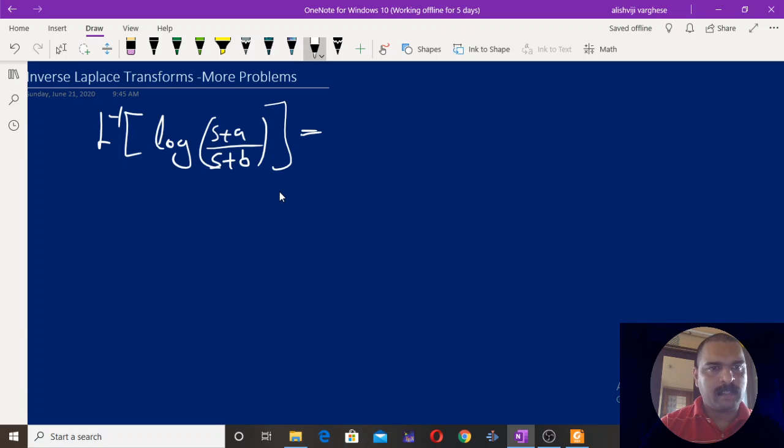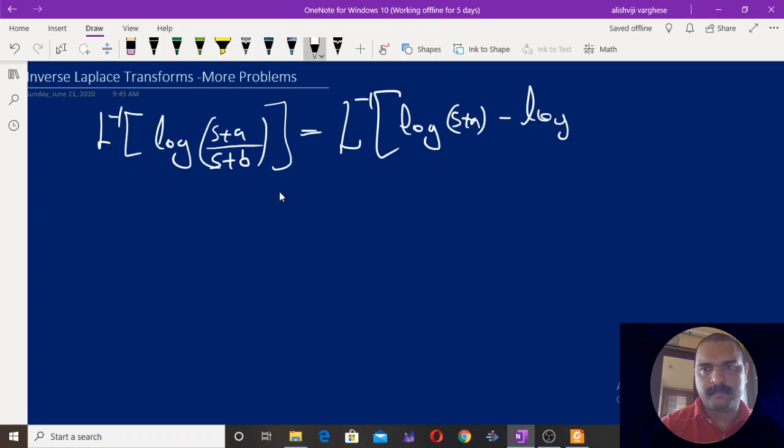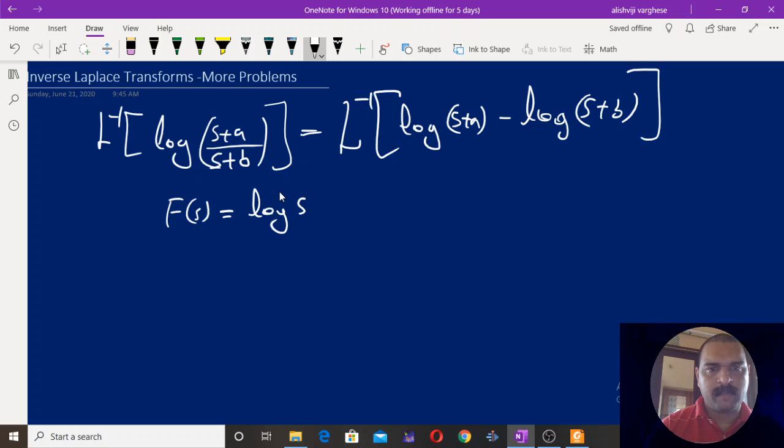So anyhow, we rewrite this as the inverse Laplace transform of log of (s plus a) minus log of (s plus b). Log a by b is equal to log a minus log b. Now let's consider F of s is equal to log of (s plus a) minus log of (s plus b).